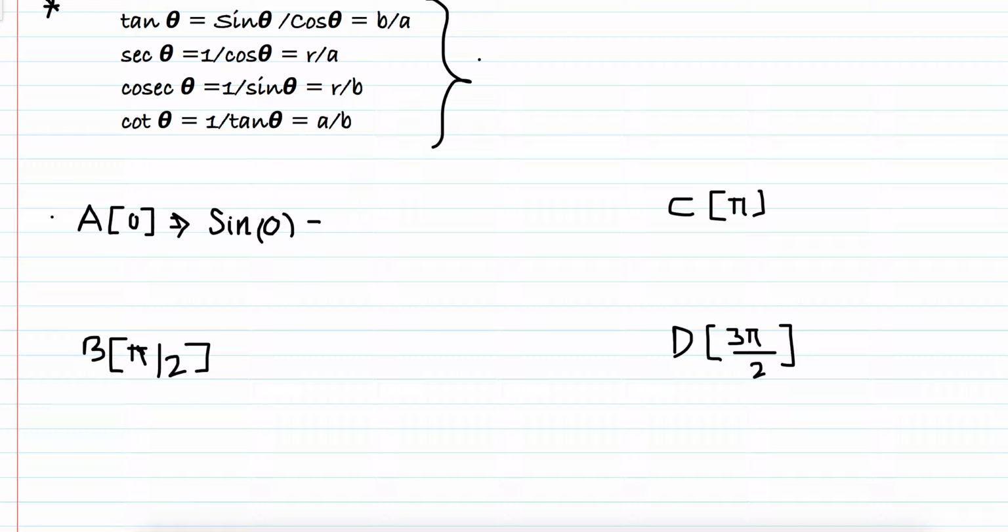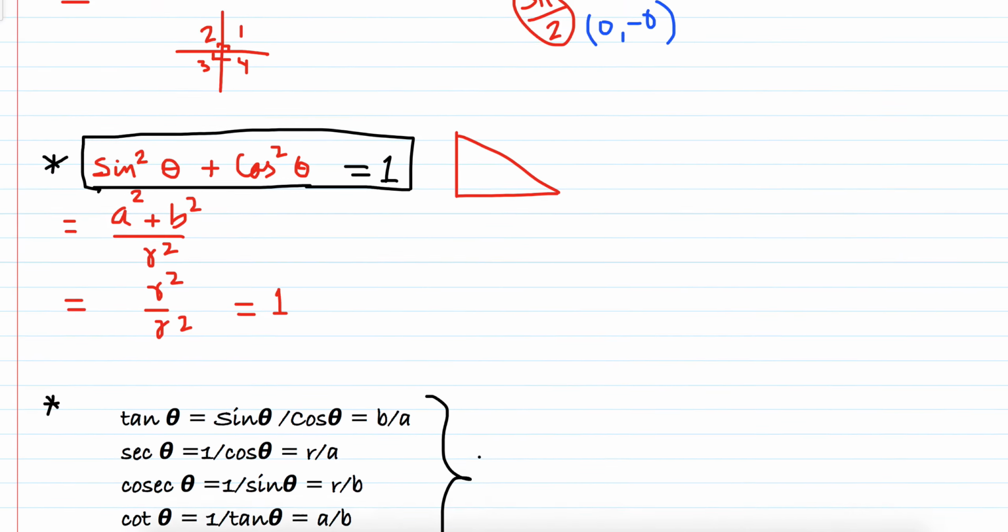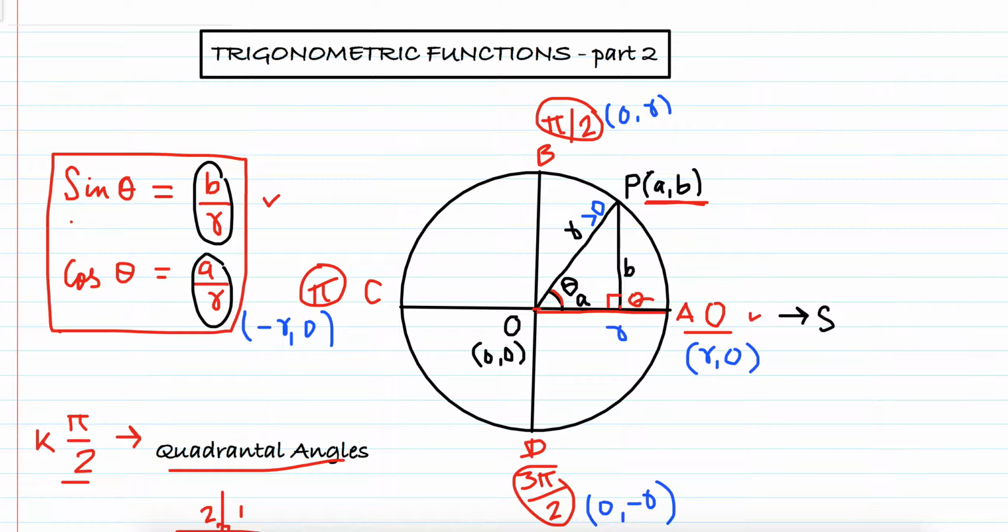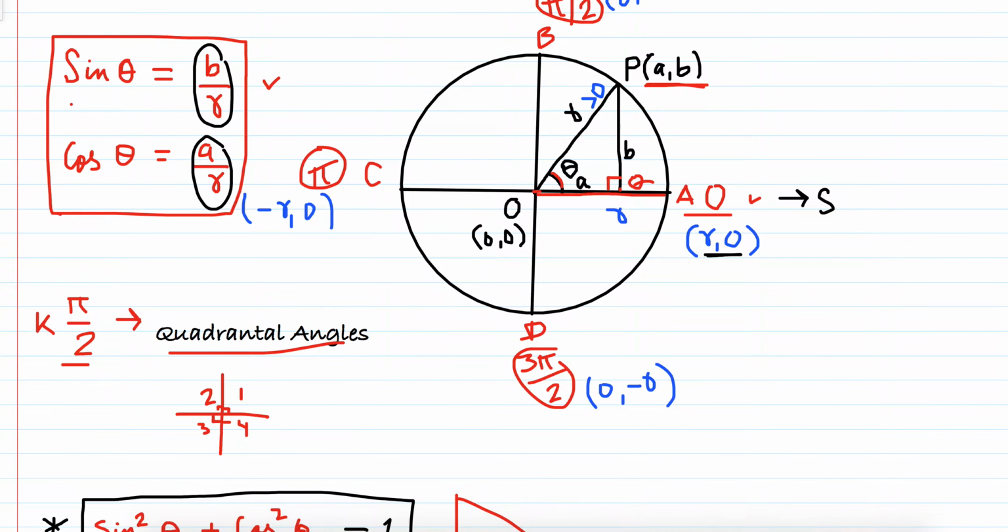Sine of 0 is equal to, so here these are AB pairs. If I take a point P with generic coordinates AB, then here A is equal to R and B is equal to 0.